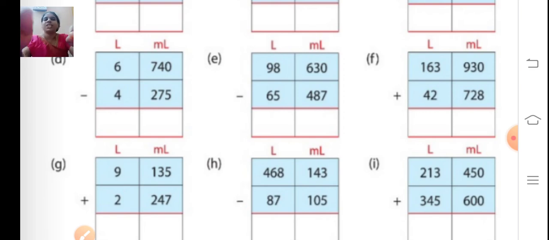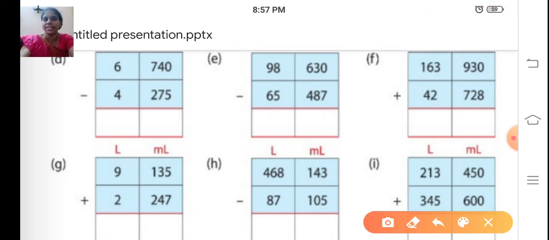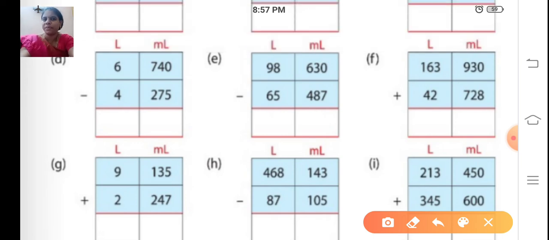How to do this? So first we will subtract the milliliters, isn't it? So can you subtract 0 minus 5? No. So just cancel this. This will become 3 and this will become 10. So 10 minus 5 is, after 5: 6, 7, 8, 9, 10. So 10 minus 5 is 5. Then move on to the next one, 3 minus 7.